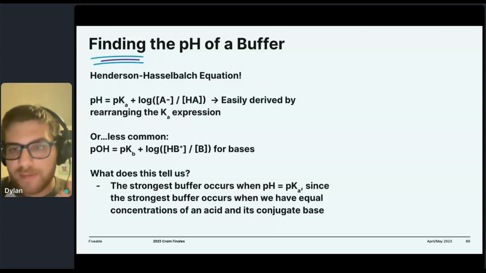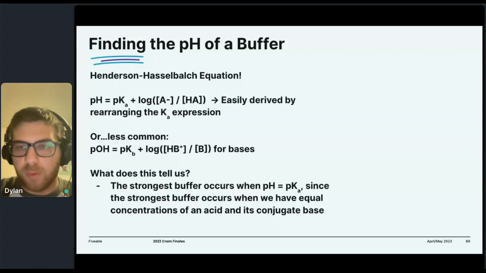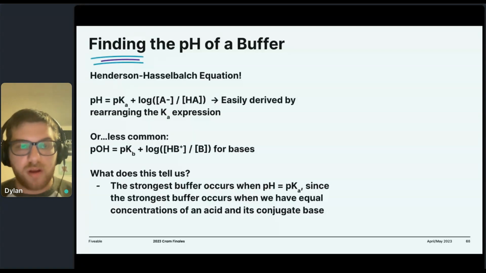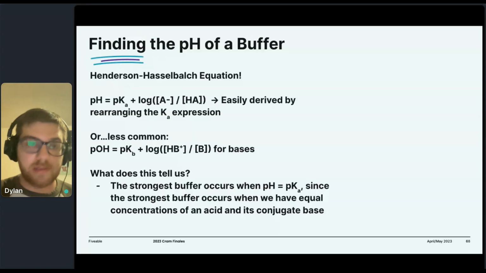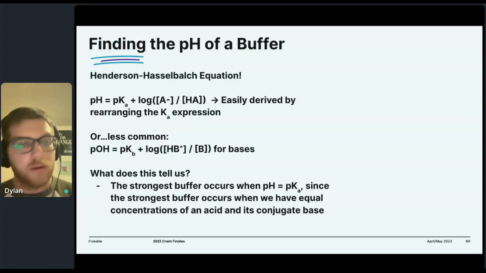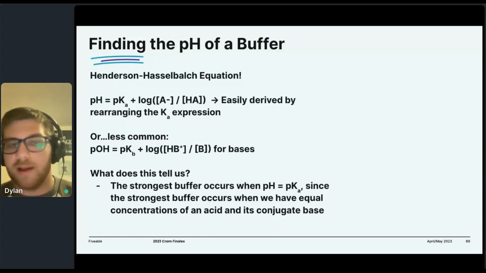And while that might seem like just an interesting coincidence, this will become really important when we talk about titrations, which we will in just a second, and reading titration curves. But something to note from here is simply that the strongest buffer occurs when the pH of the solution is equal to the pKa of the acid being used, or vice versa, when the pOH is equal to the pKb of the base being used.